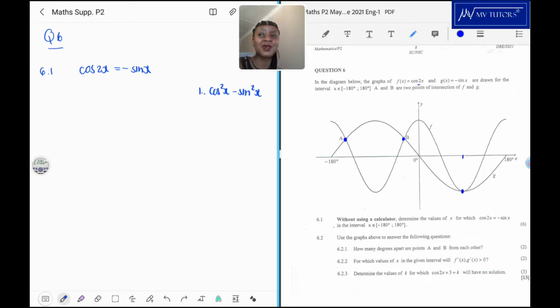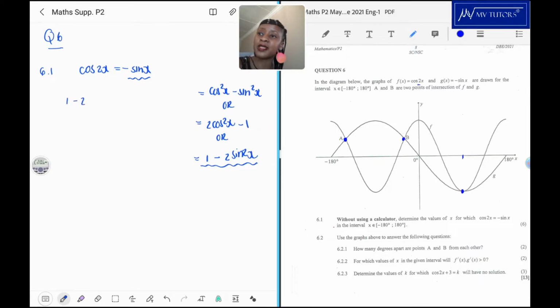Cos 2x is equal to cos squared x minus sine squared x, or you have the option of 2 cos squared x minus 1, or you have the option of 1 minus 2 sine squared x. Those are your 3 options. Looking at the right hand side of the equation, I have a sine x, so I want the identity that only has sine, and that is the last one. So that's what I'm going to substitute.